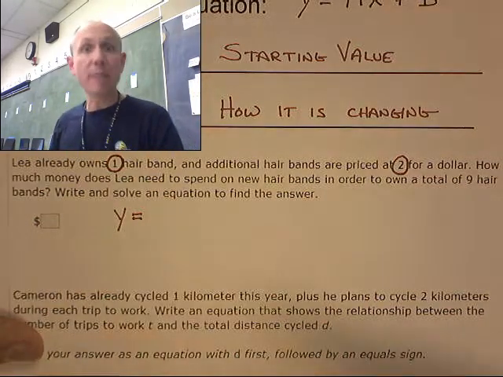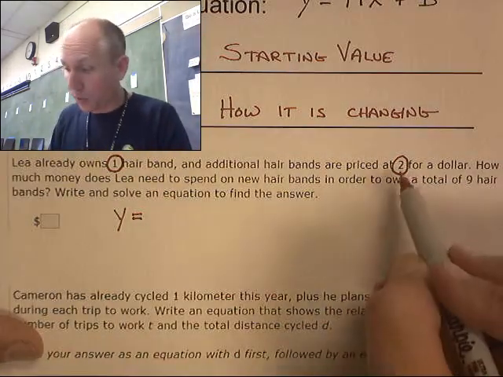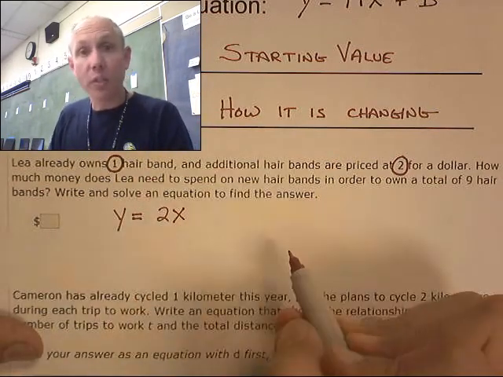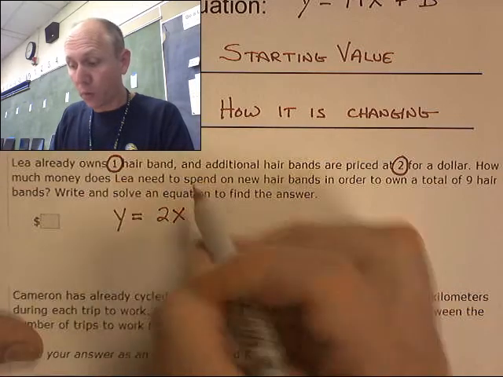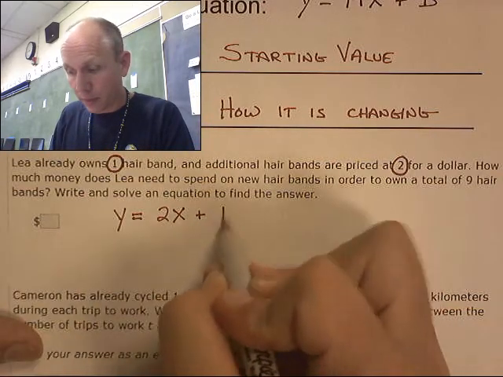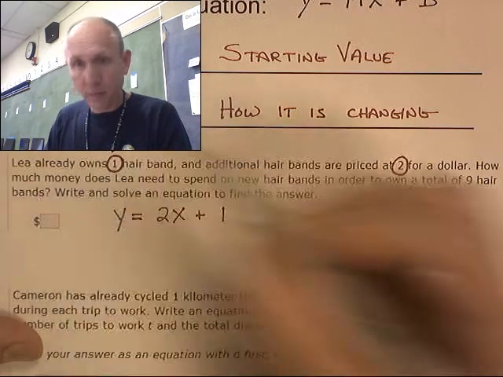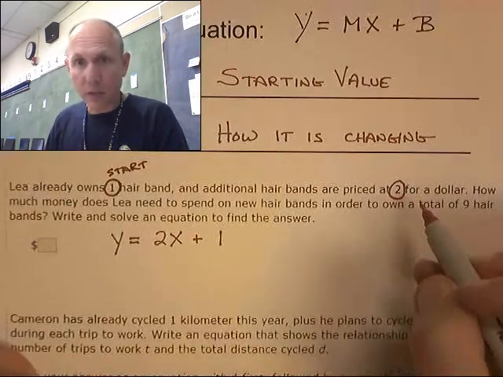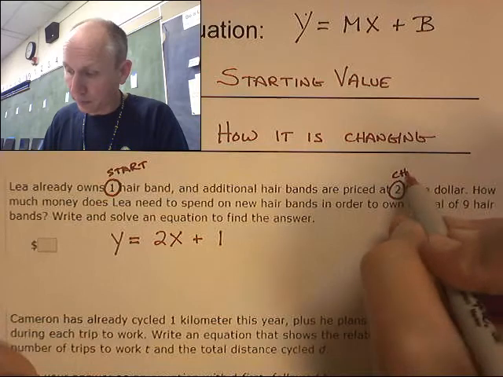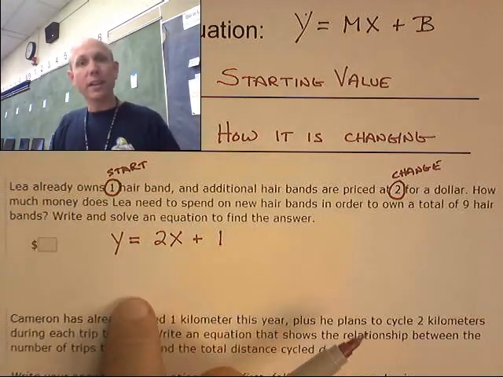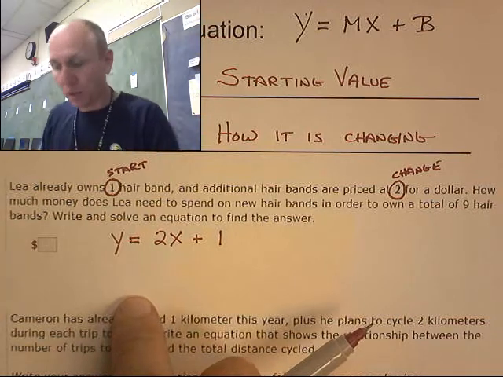And what's the m? The m is the slope, and that's how it's changing, which is right here. 2x. And what's the starting value? The starting value is 1. So here's my start. Oh, you can't read that. There's my start, and here's my change. And here's the equation that models this problem.